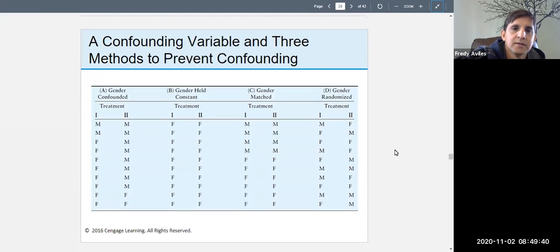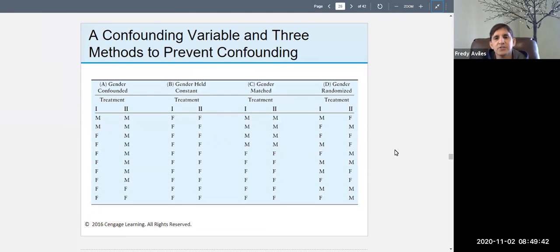Here are the examples we talked about. This should make it clear if it isn't clear already. Look at the columns for treatment 1 and 2 on the left. In A, the table says gender confounded. You can see treatment 1 has 2 males, and all the rest are females.